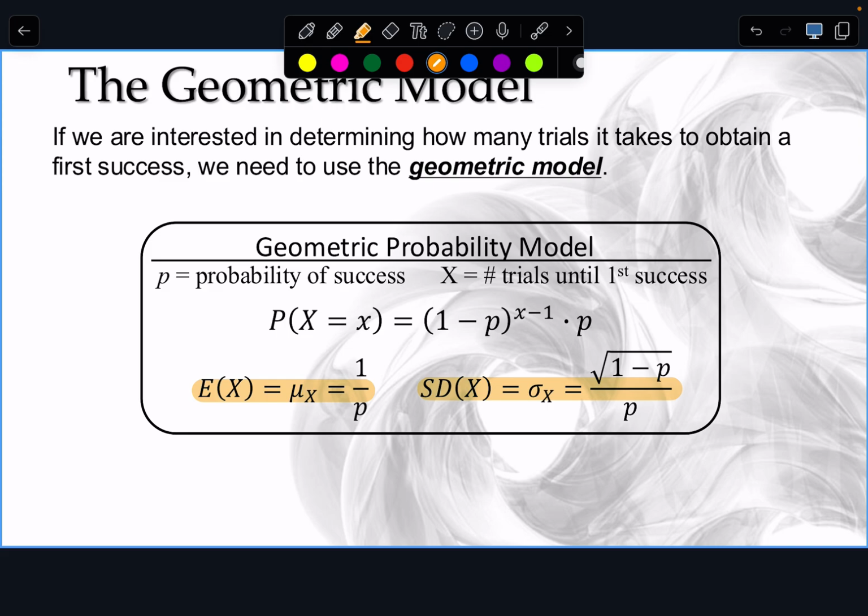And so much like yesterday, this formula for calculating probabilities is just a simplified general multiplication rule. If I have that probability that I fail, I need that many fails. And then I'm going to succeed on the exact trial that I'm looking for.